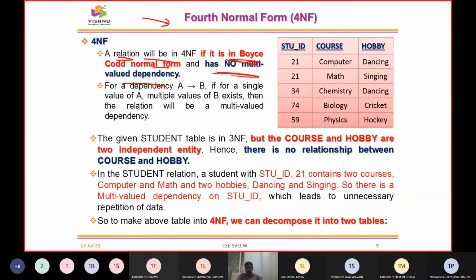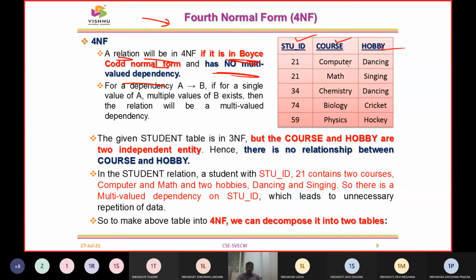Here is a database where we have student ID, course, and hobby. Student IDs were 21, 34, 74, and 59.